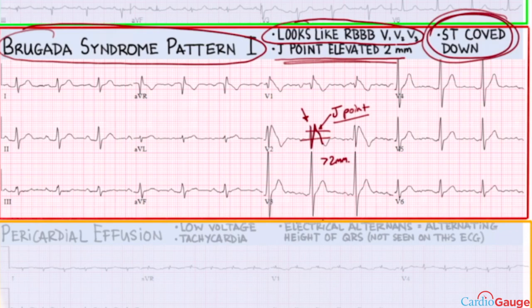So the ST segment looks more like this than it does this. And I think you'd agree that it's more of a coved down, although it's pretty much diagonal in this example. But it's definitely not coved upward. So that's Brugada Syndrome, pattern 1.